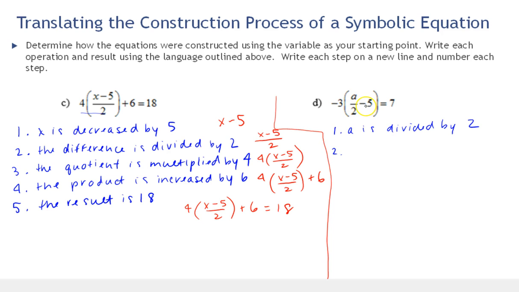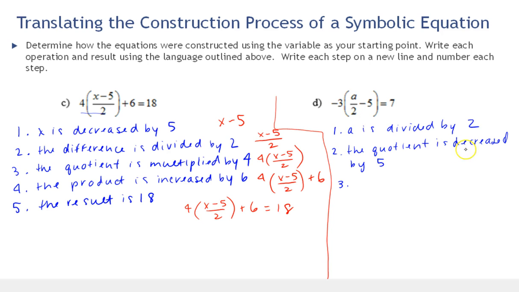Then we would subtract 5. So since the last process was division, we'll write the quotient is decreased by 5. Now our next step, so that's everything in the parentheses, we're going to multiply by -3.